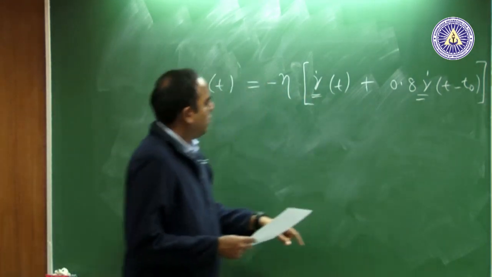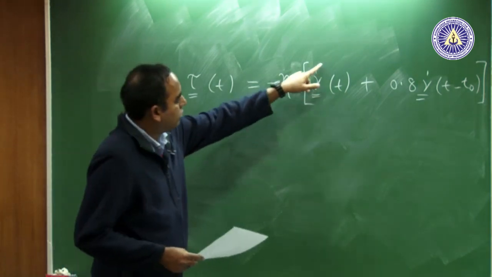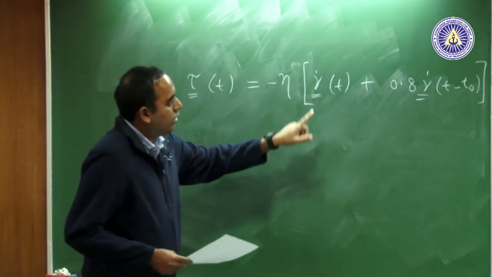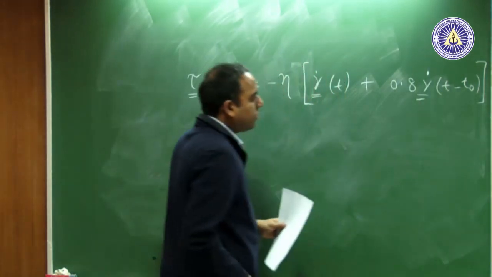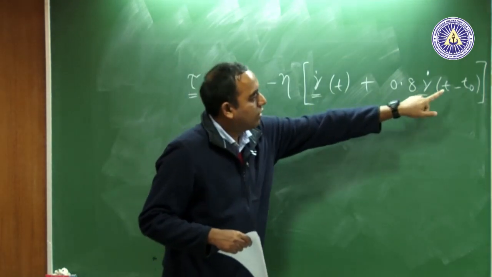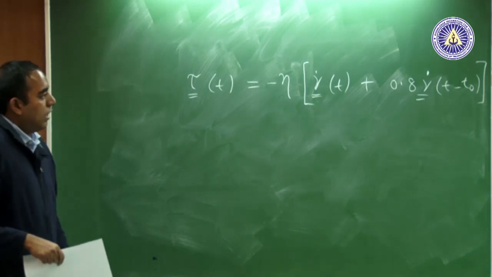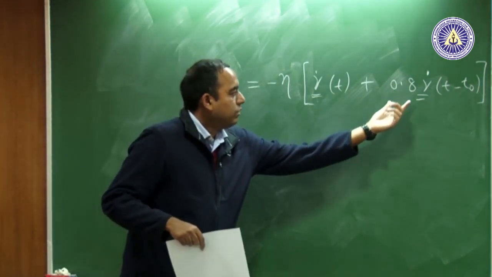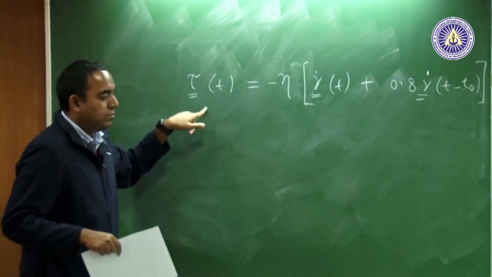I have the shear rate at a certain time, and I make it proportional to the strain rate at that time, plus I add a term which is an earlier term. This is the rate of strain at an earlier time t minus t 0, where t 0 can be anything, and this has some contribution to the shear rate at the current time as well.